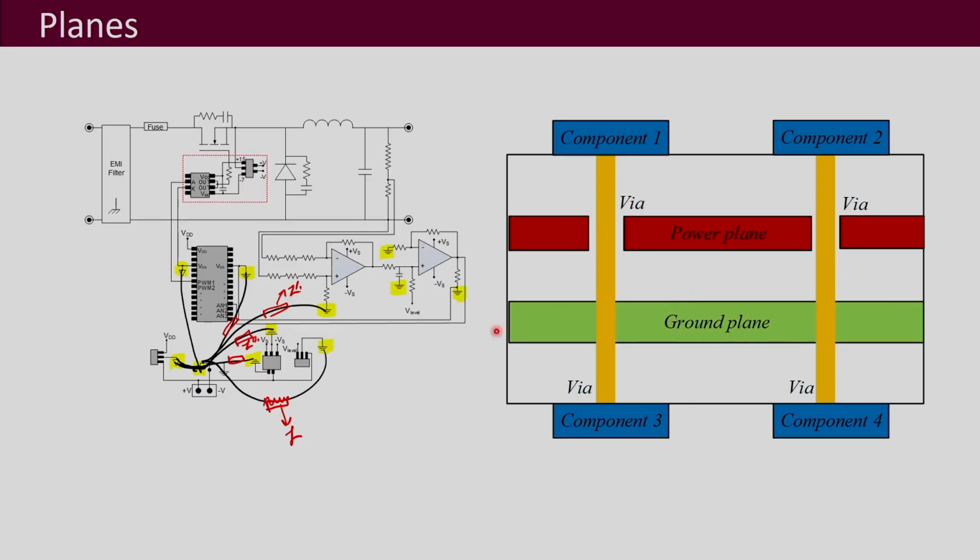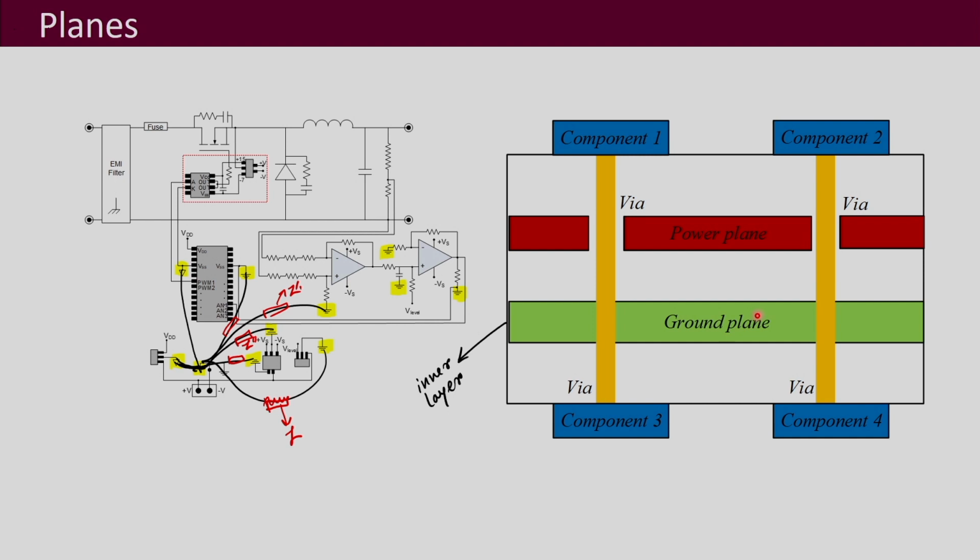And we know that the more the width is, the lesser is the resistance. So, we can have an entire layer of copper dedicated for ground. That is called the ground plane. It is like this inner layer of copper which is dedicated for ground connection.